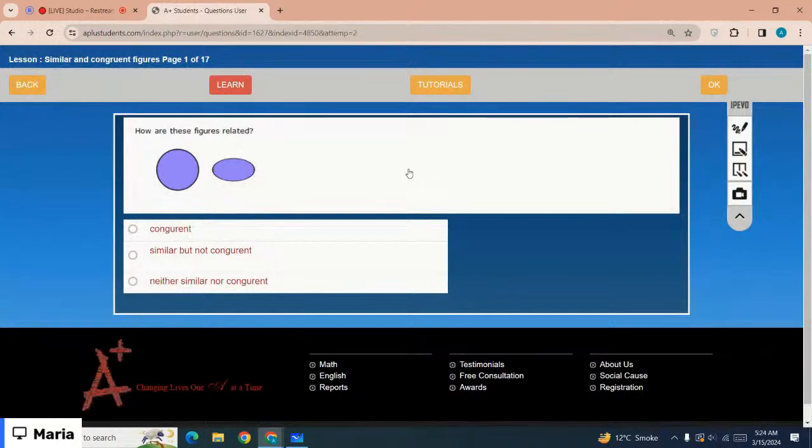They are neither similar nor congruent, right? The correct option is they are neither similar nor congruent.